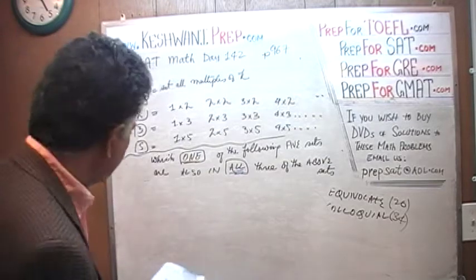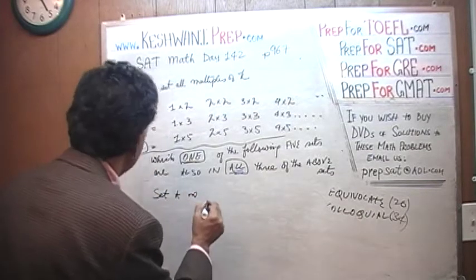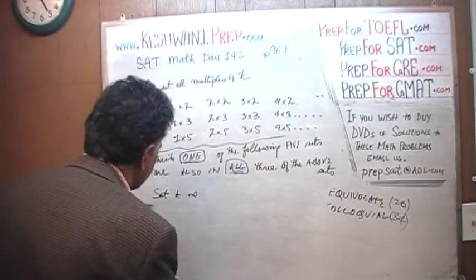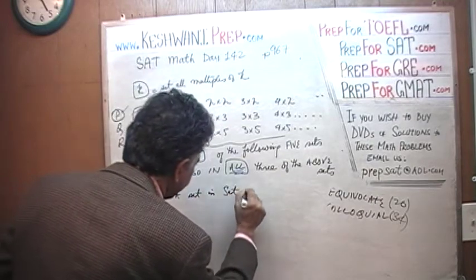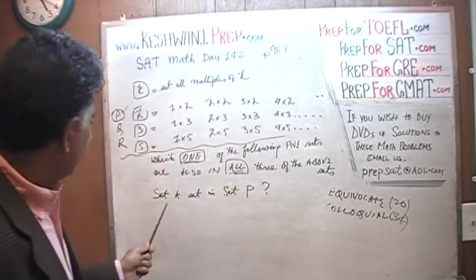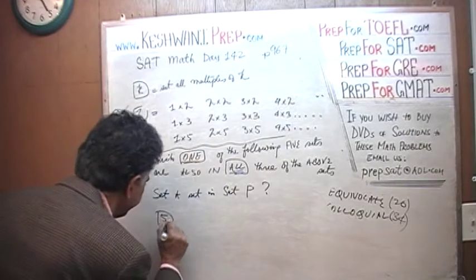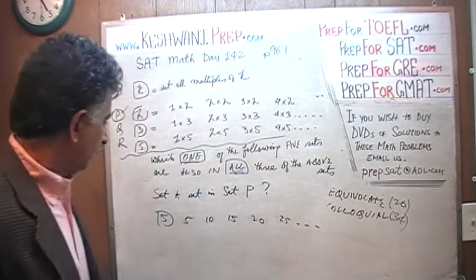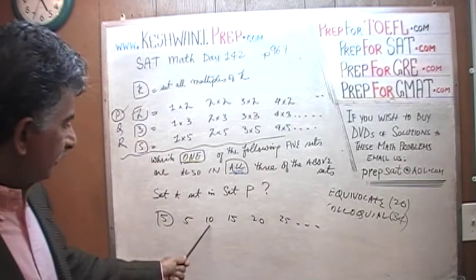So now the question is, is set A in set P? Let's find out very quickly. Set A consists of multiples of 5: 5, 10, 15, 20, 25 and so forth.